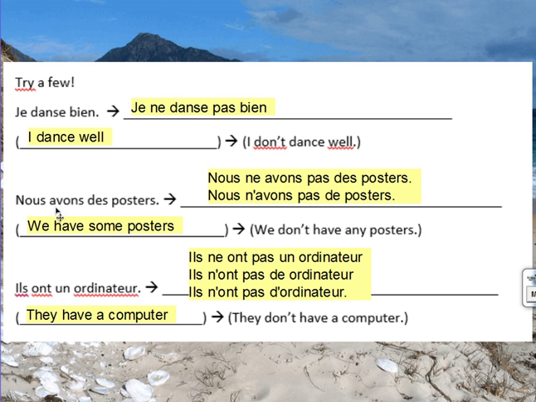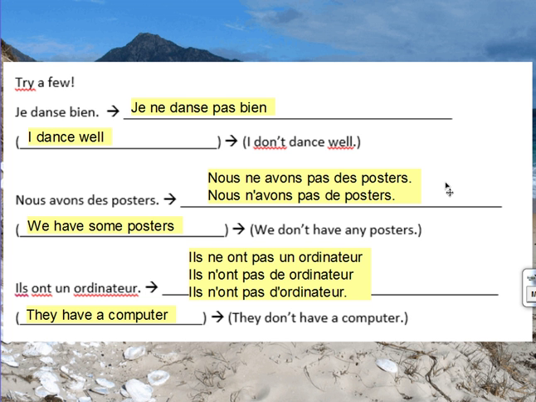If, for example, you wanted to change this sentence, nous avons des posters, we have some posters, and make it we do not have any posters, you have to put in those words for not in French, which is ne and pas. You have to put them around your action word of having, which is your verb there. So this first sentence is showing you what it looks like originally when you just put in the ne pas. And again, a French person would understand you if you were to say nous ne avons pas de posters, but to them it's going to sound something like we not have posters.